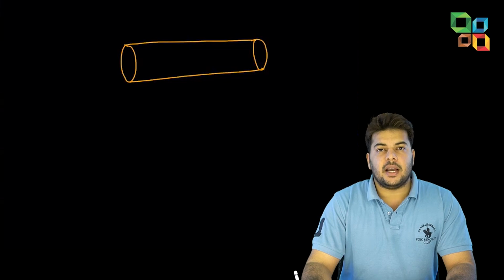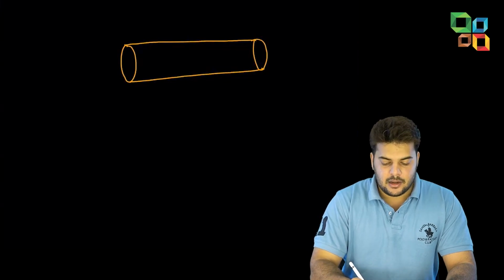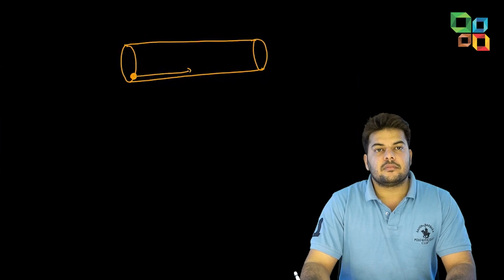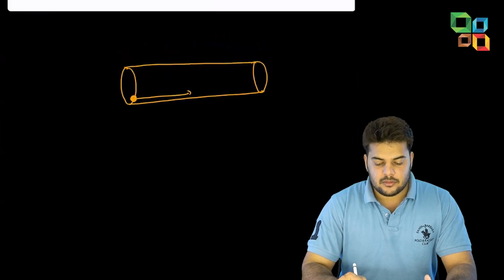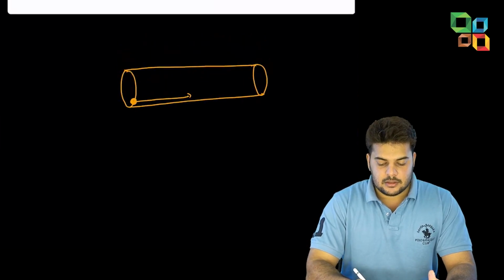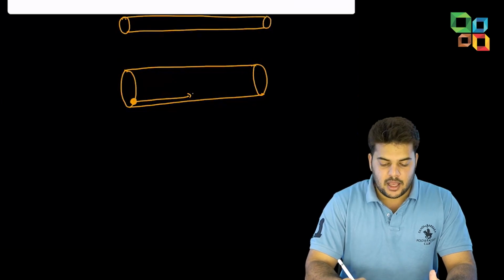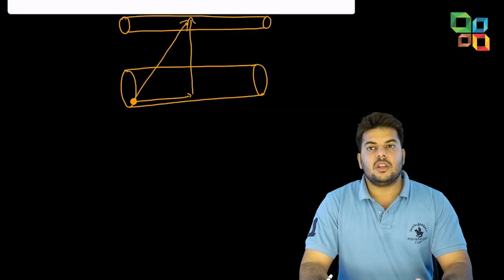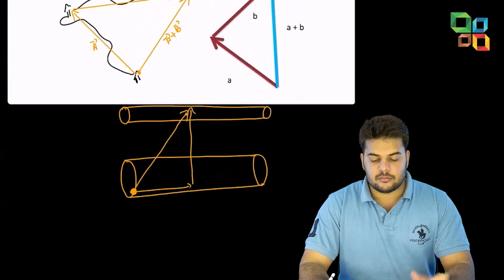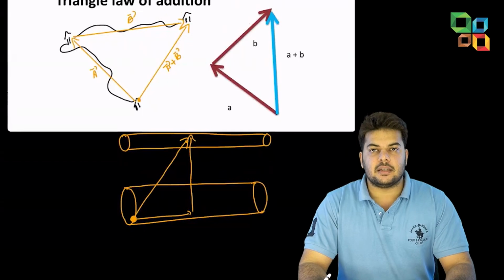We had a pipe, an invisible pipe at that, and inside that pipe there was a marble rolling, isn't it? And then we saw that this thing called velocity, which is displacement by time, has to be added according to the triangular law. The same law as before. This is what we had seen, isn't it?